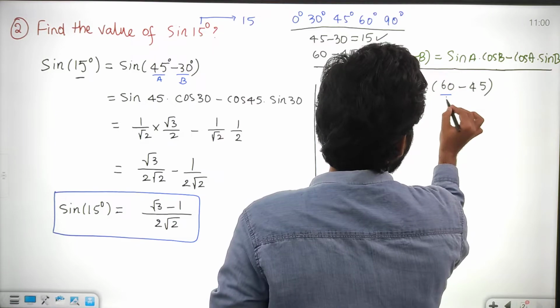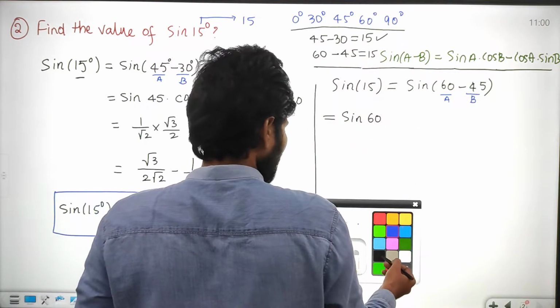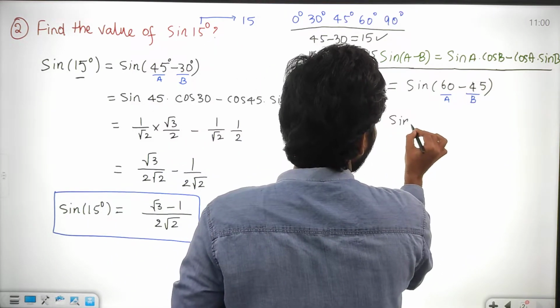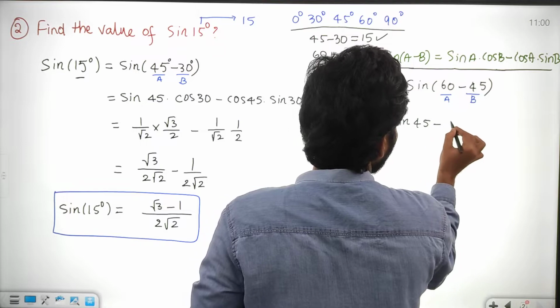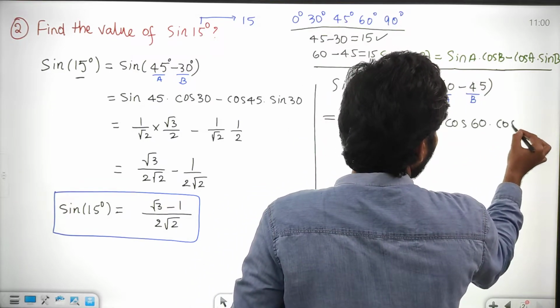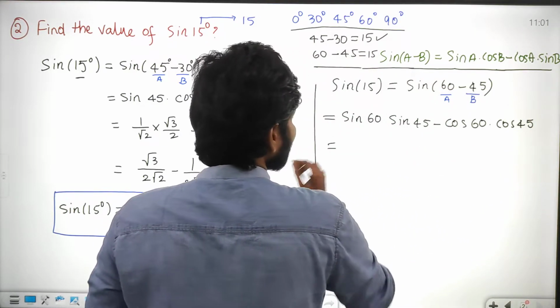Write the equation. So sin A, take this as A and this as B, sin A cos B minus cos A sin B. What is the value of sin 60?